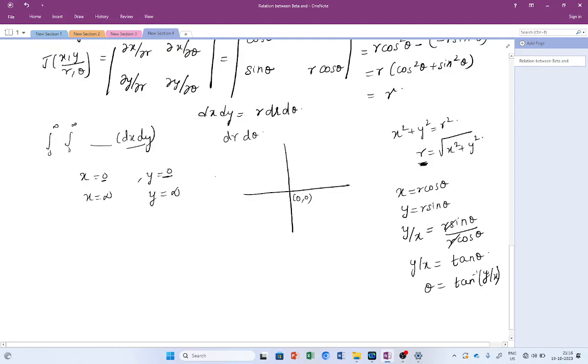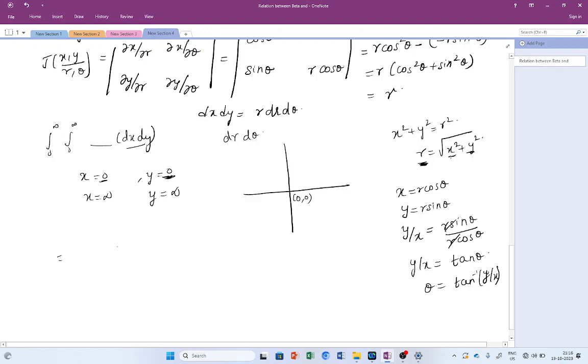So now if I'm applying the limits for my r, you can see that x and y vary from 0 to infinity. Now if x is equal to 0 and y is equal to 0, that is for my lower limit. x is 0 and y is 0 means what will happen to my r? r also will become 0.